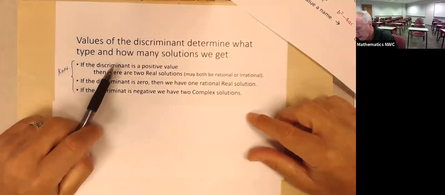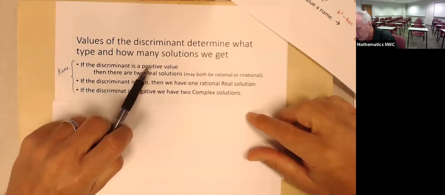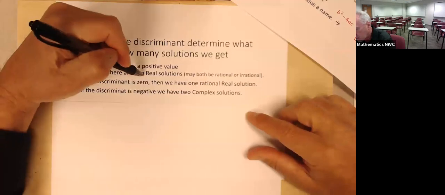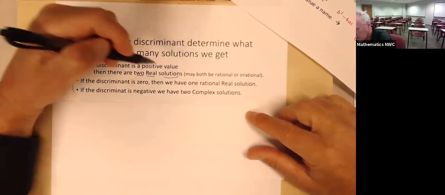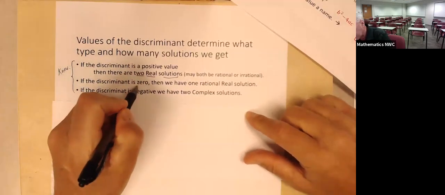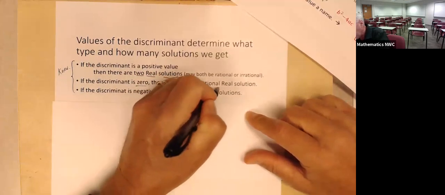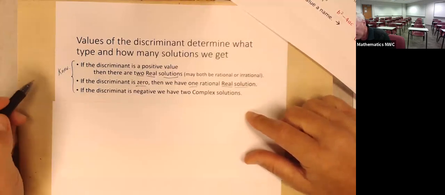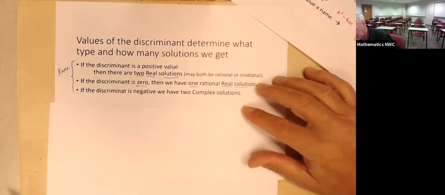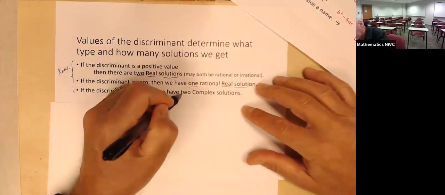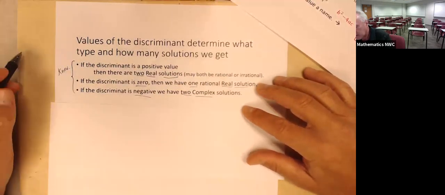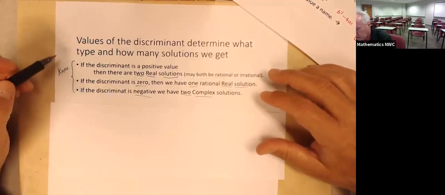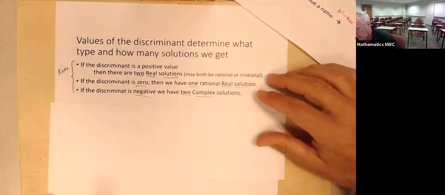Again, real quickly, if the discriminant is positive, I get two real solutions. The discriminant is 0, and I have one real solution. If the discriminant is negative, then I have two complex solutions. You need to know those and be ready to answer for those.